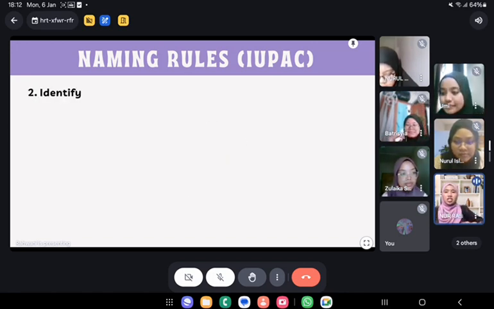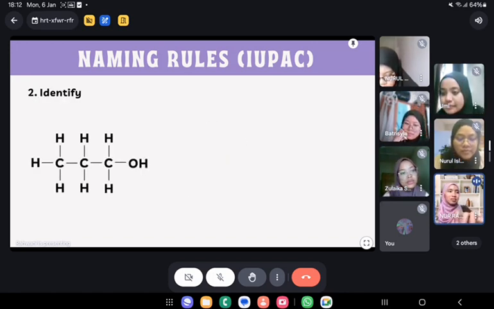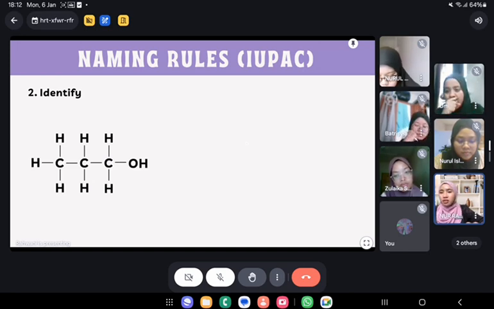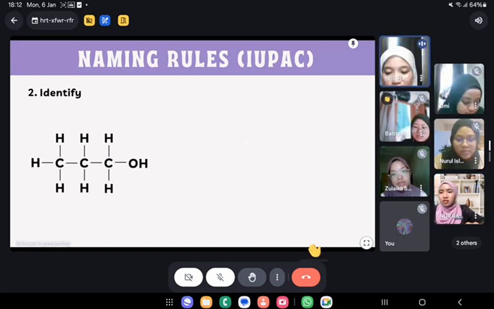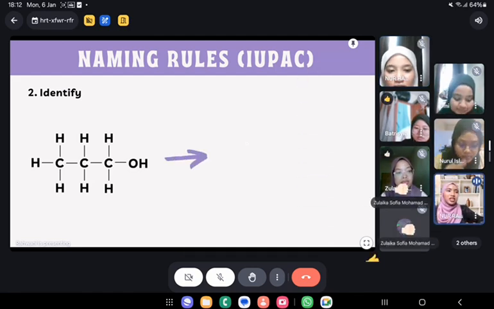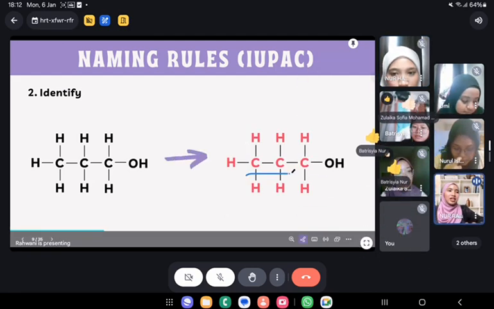Now, the second step is to identify the longest carbon chain of this structure. Can I have Nur Hazira? Can you point out what is the longest carbon chain of this structure? 3 carbon chain. Alright, thank you Nur Hazira. That is correct. The longest carbon chain is 3C.